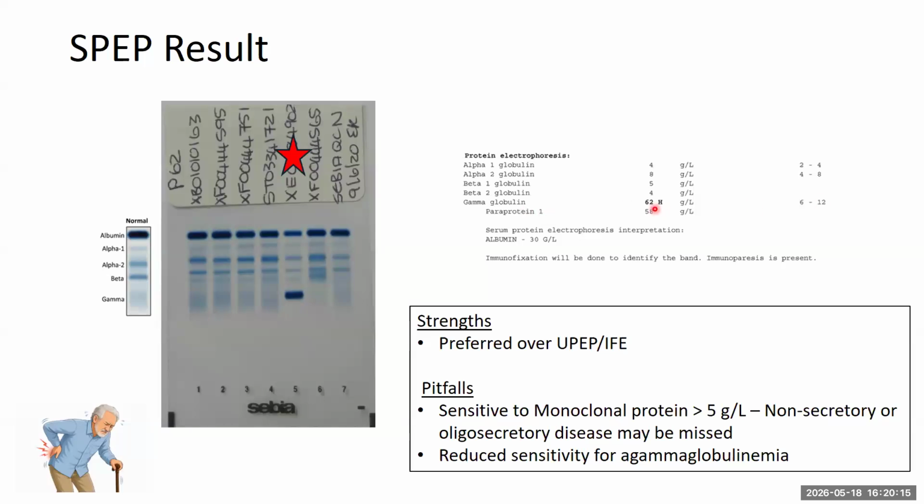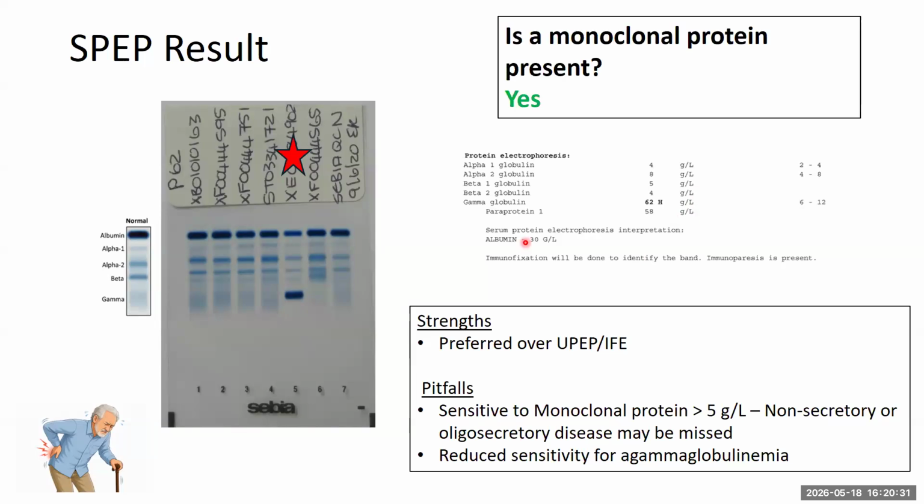As we can see here, this is the only globulin that's elevated, of which the monoclonal protein makes up 58 grams per liter. So this is a quantitative test, and it also tells us that a monoclonal protein is present. This is all it can tell us at this point, in addition to giving us the quantification.